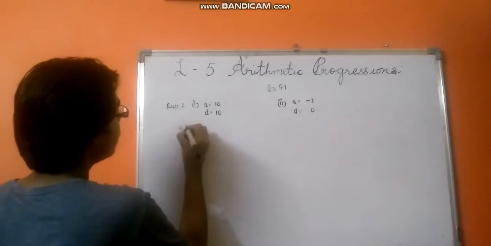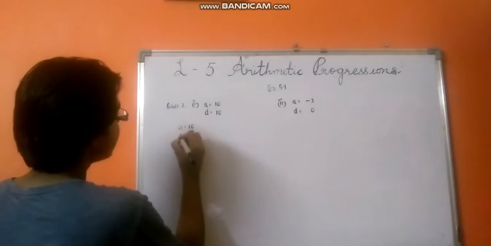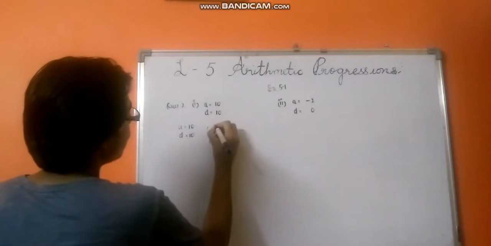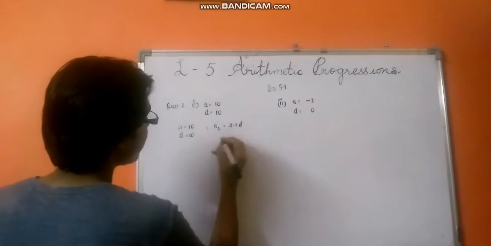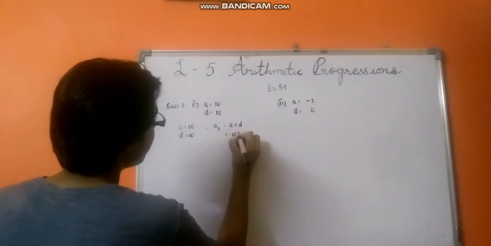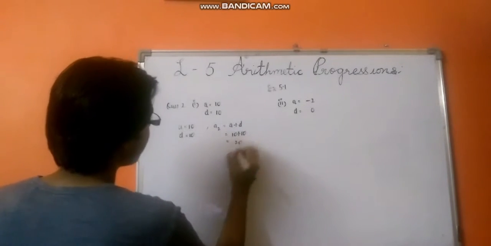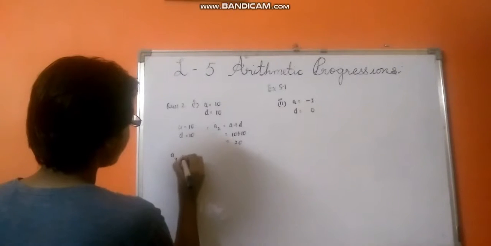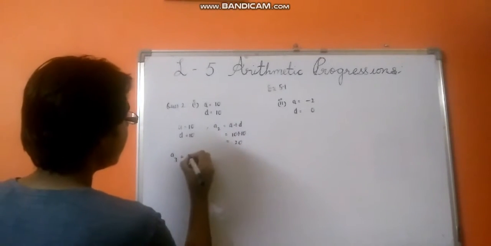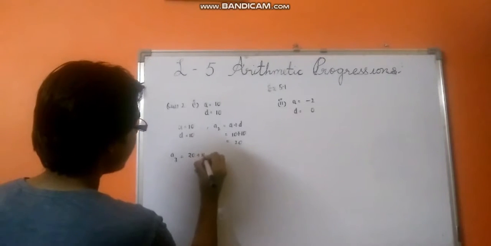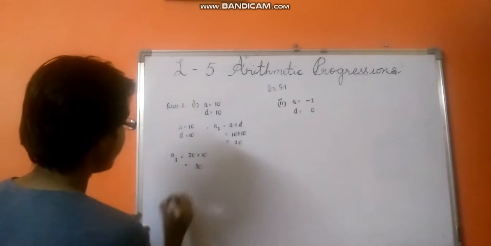Now let us look at how we can write the next 4 terms. A is given as 10 and D is given as 10. So A2 would be equal to A plus D, which is 10 plus 10, which is equal to 20. A3 would be the previous term plus the common difference, so 20 plus 10, which is equal to 30.